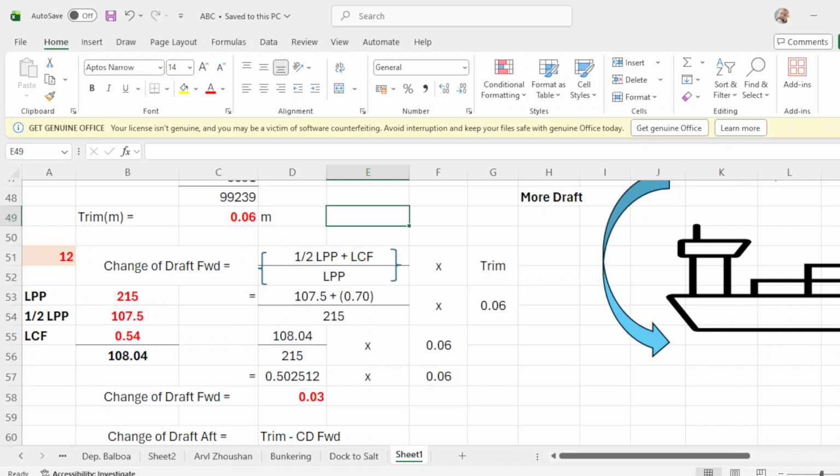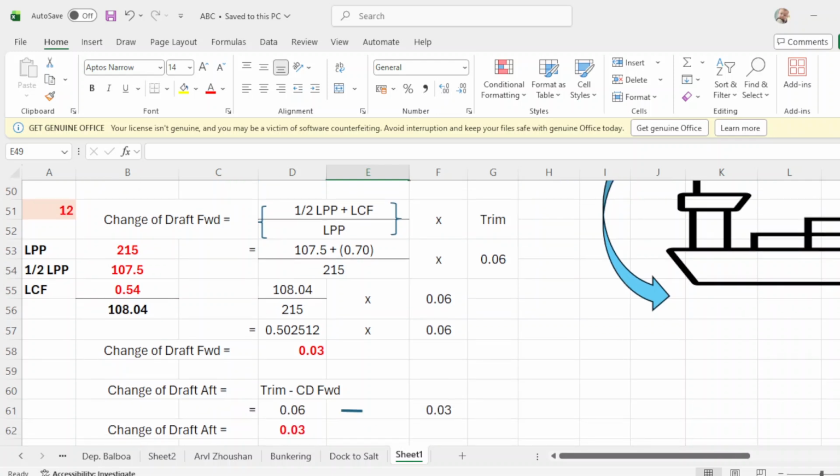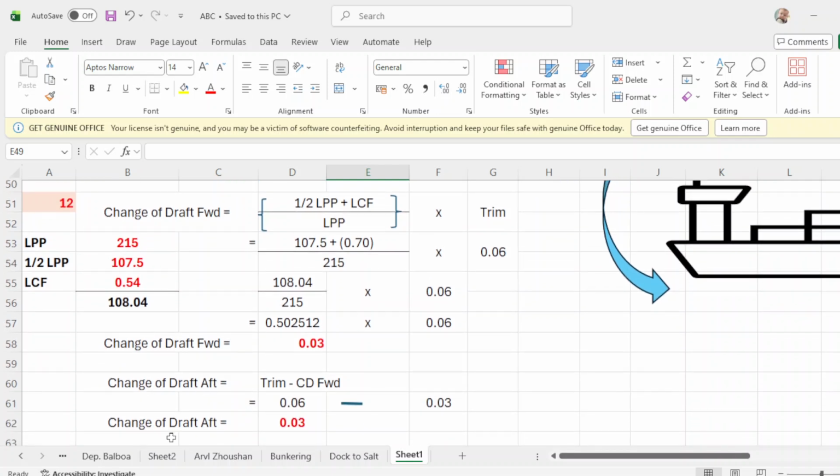And your change of draft forward is 0.03. To find the change of draft aft, it is trim minus change of draft forward. So your trim is 0.06 minus change of draft forward 0.03, and your change of draft aft will be 0.03. That will be 12.